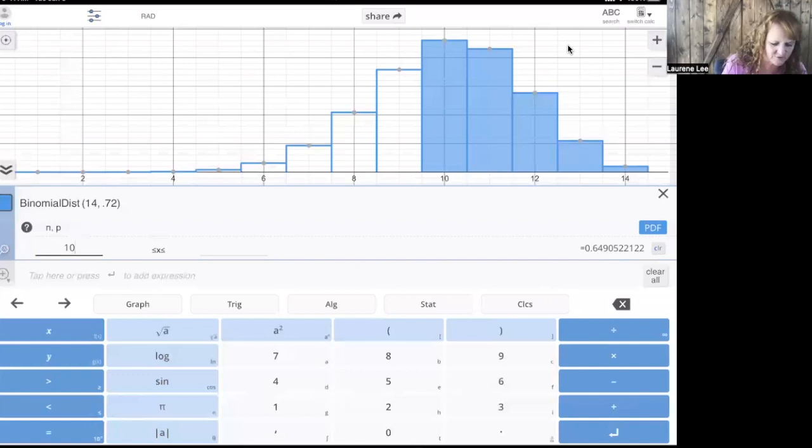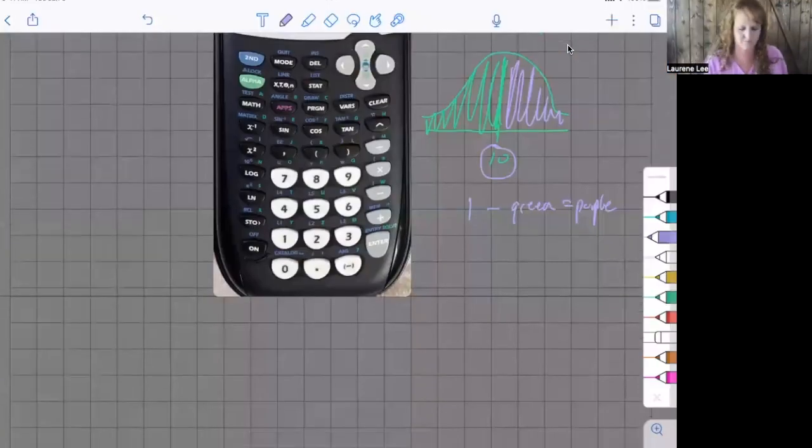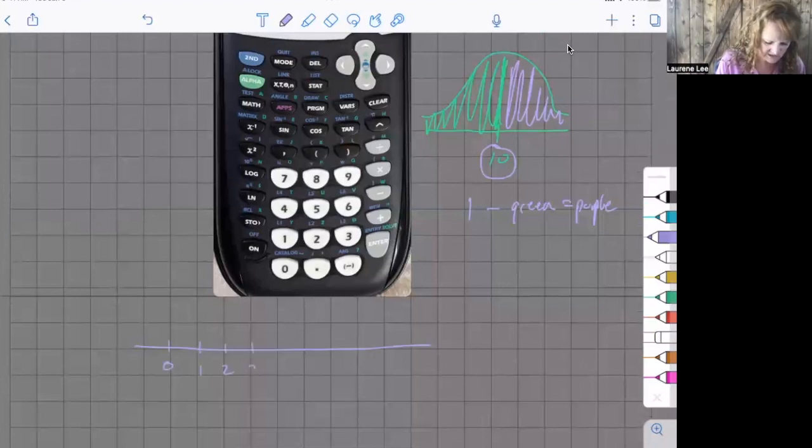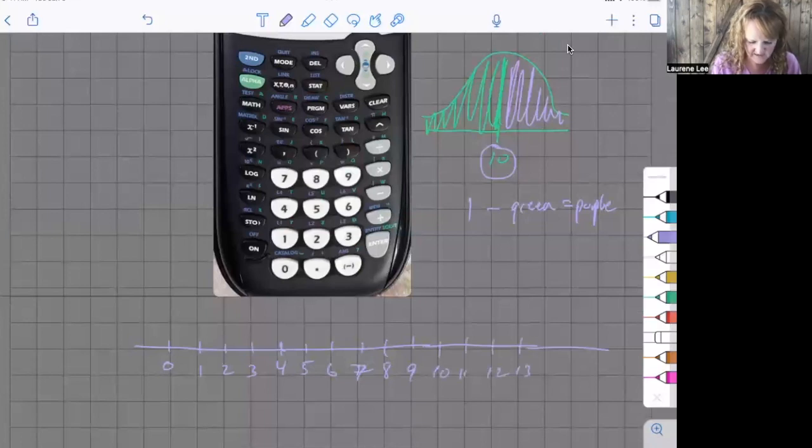Let's look at it a different way. Let's draw a number line. Here are your options. You can have 0 successes, 1, 2, 3, 4, 5, 6, 7, and on up. I shouldn't have started at 0, but that's okay. So I want 10, 11, 12, 13, 14, all the way up here, right? 10 or more.